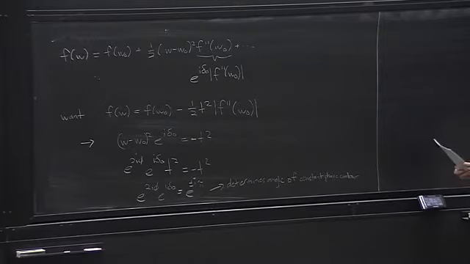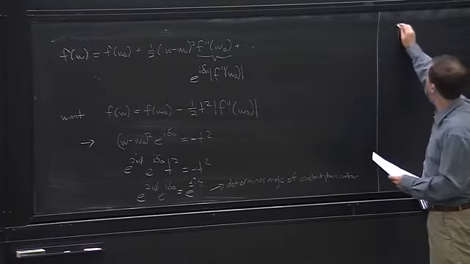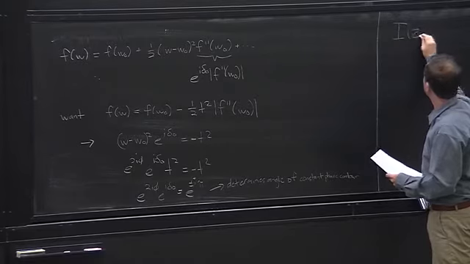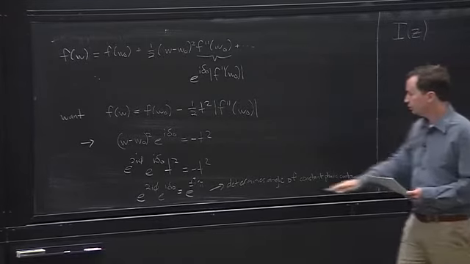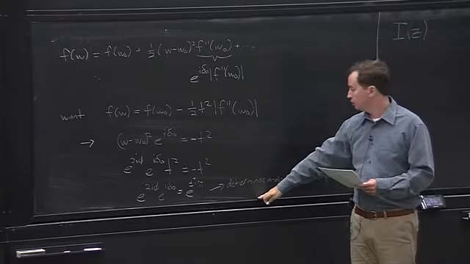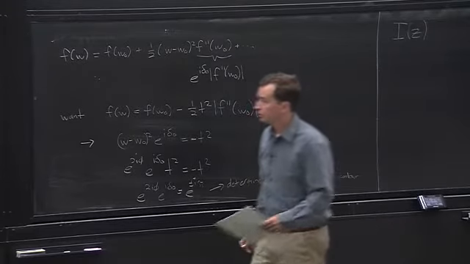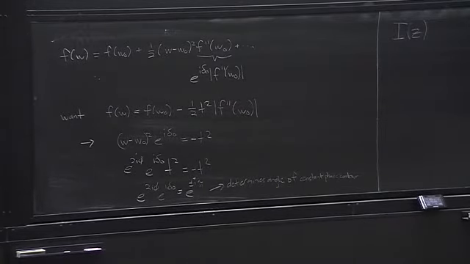So now we can use this result and approximate our original integral as being dominated by some contribution in the small region around the saddle point.